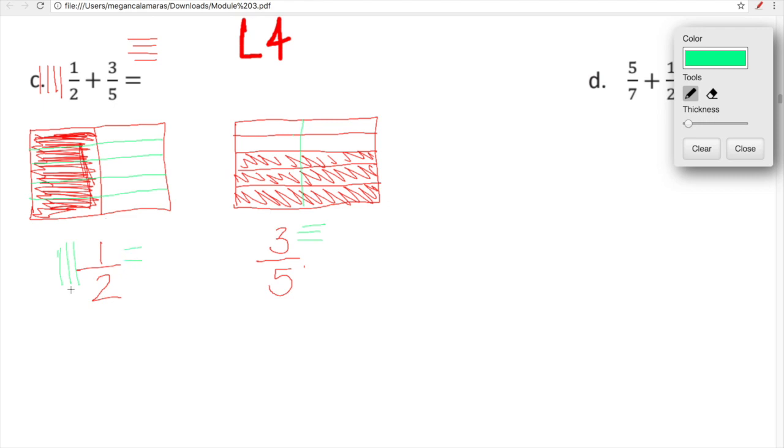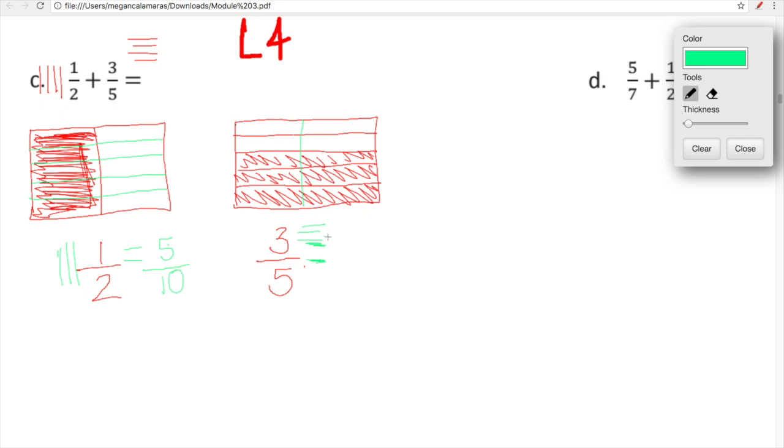Now, by the power and the magic of mathematics, we've shown that 1/2 is equal to 1, 2, 3, 4, 5 out of 1, 2, 3, 4, 5, 6, 7, 8, 9, 10. Wow! We've just shown that 1/2 is also equal to 5/10. Let me put my equal sign in here. Let's see what we've learned over here about our 3/5.